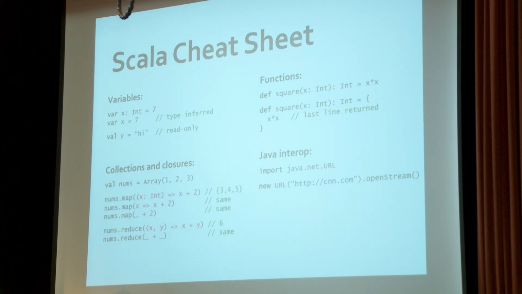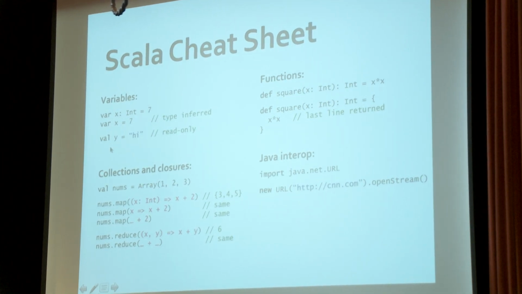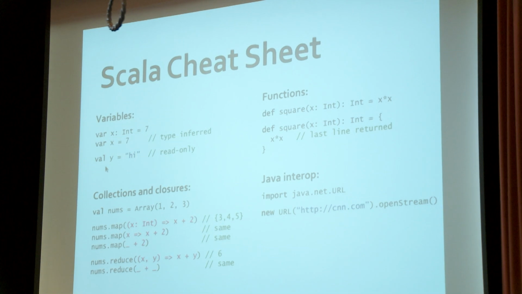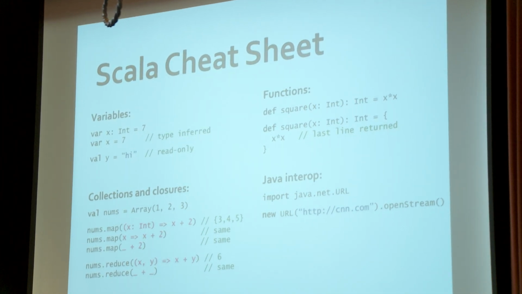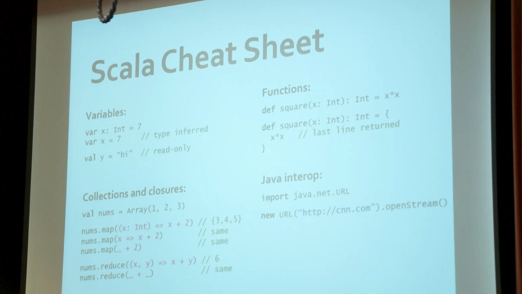This doesn't save too much typing when it's int, but when it's a more complicated type, this can make your code quite a bit smaller. And finally, you'll sometimes see val instead of var. Val is a constant. It's like a final variable. And Scala, being a language that supports functional programming, really encourages using immutable variables just to make code easier to understand. So this is just read-only.